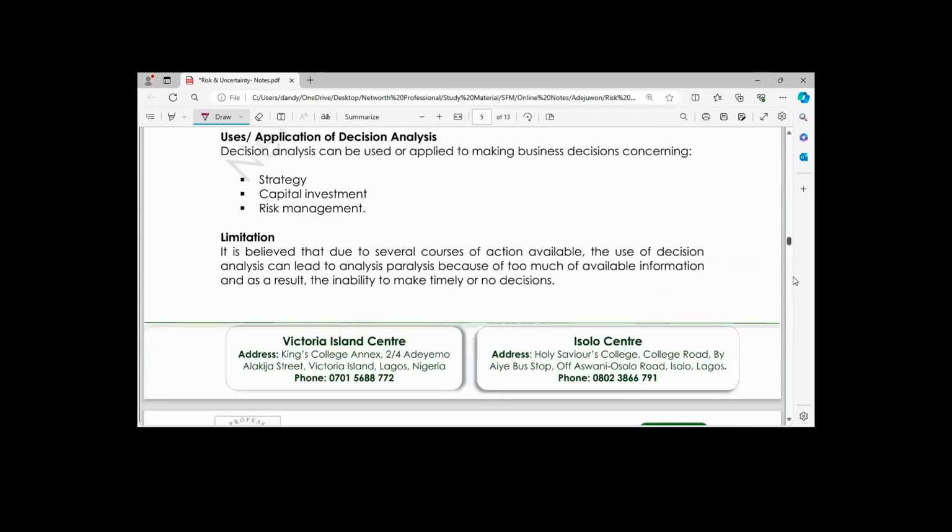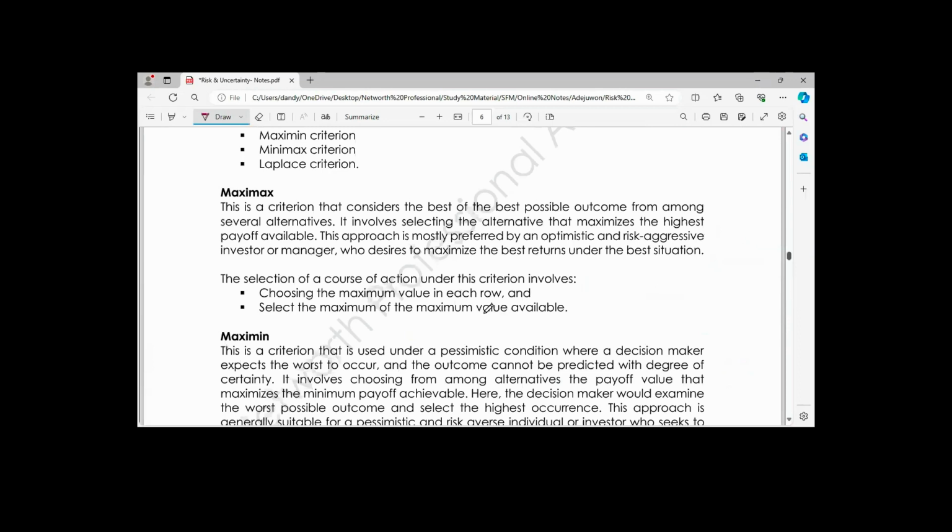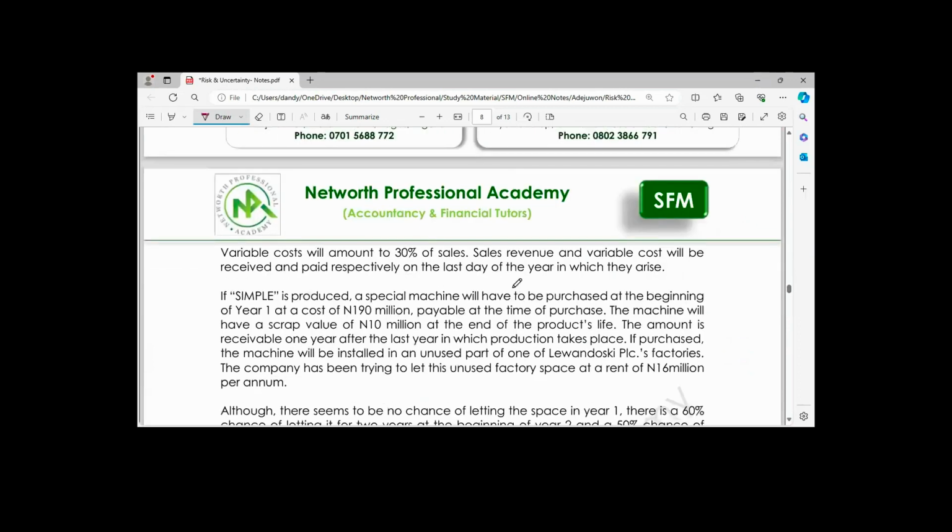Sir, please, how do we get the material? I've shared with you since last week. You have access to it. Sorry, what topic, please? Is it the business combination you sent recently? It's risk and uncertainty.